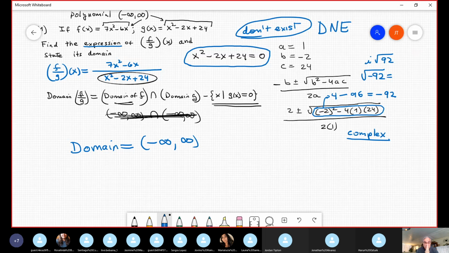But the restriction you found algebraically is living in another planet, in Jupiter, not in the real numbers. Therefore, it does not exist. Because a polynomial domain is all real numbers, and since it's an imaginary number, that's not a real number. Exactly. Well, you are right, but this is not the interpretation I want.